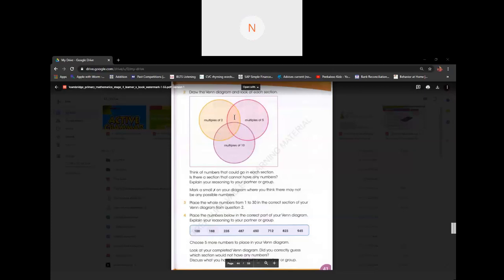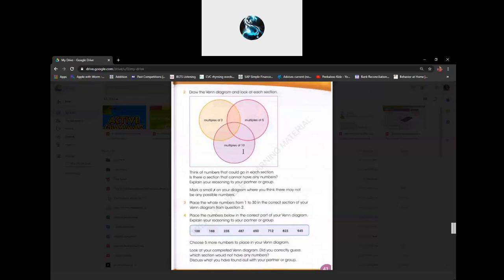You could do 40. You could do almost any number that ends in 0 for that too. You can't do that because that is taken up with 2 and 10. All of the numbers with a 0 are taken by 2 and 10.